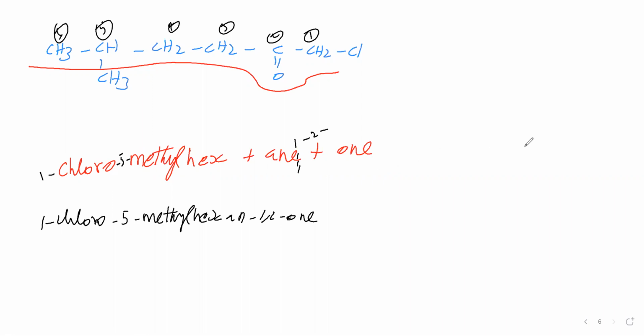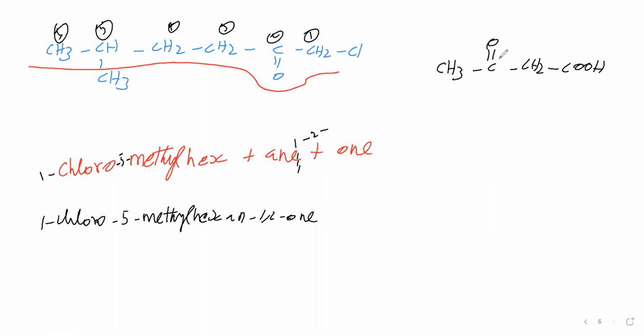Next compound we will take: CH3, CO, CH2, COOH. Here the functional groups present are carboxylic acid and ketone. Which is the main functional group? Carboxylic acid is the main functional group, and ketone is the substituent because ketone has lesser priority.